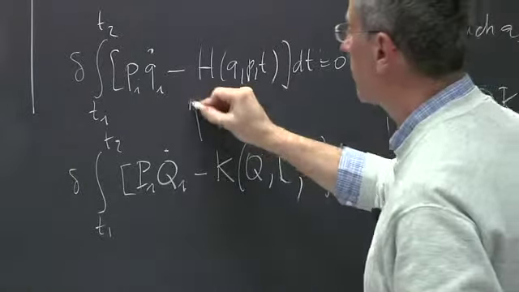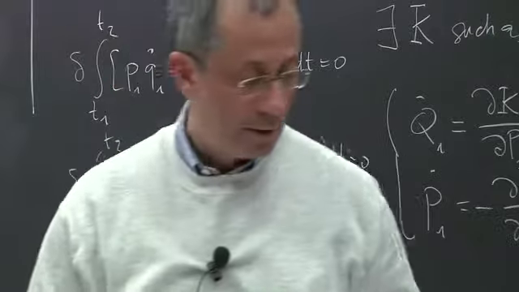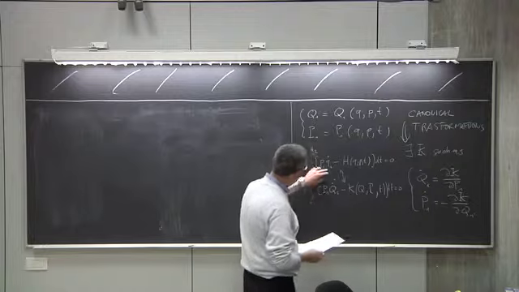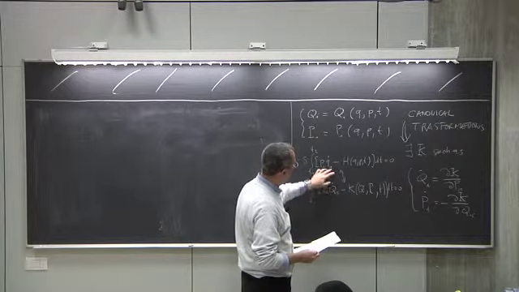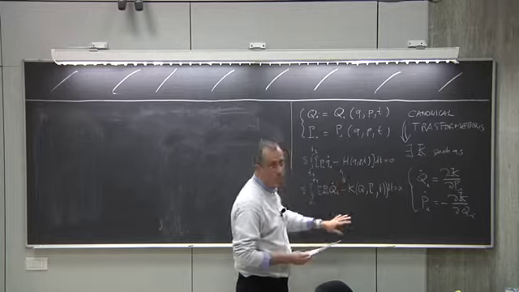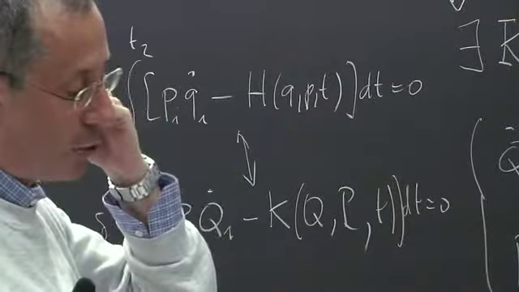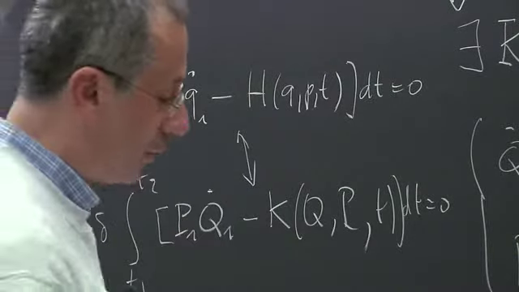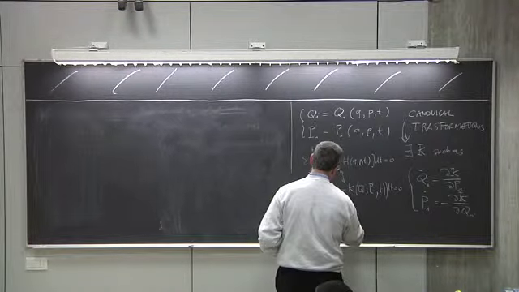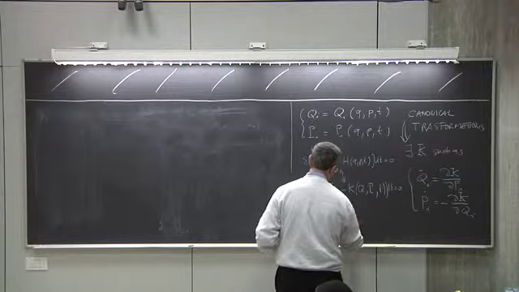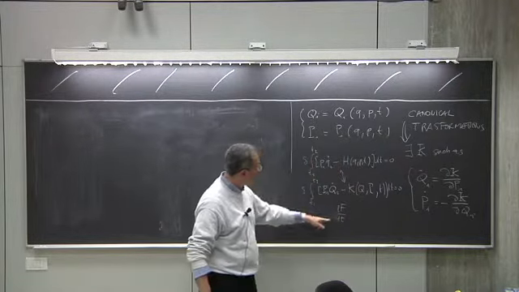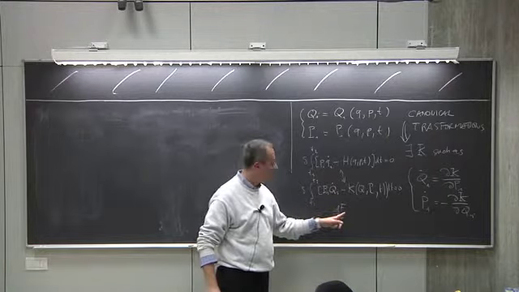But if these two must hold at the same time, that means that these two integrands can differ at most by a total derivative with respect to time, meaning that this is equal to this, except for the total derivative of an arbitrary function.